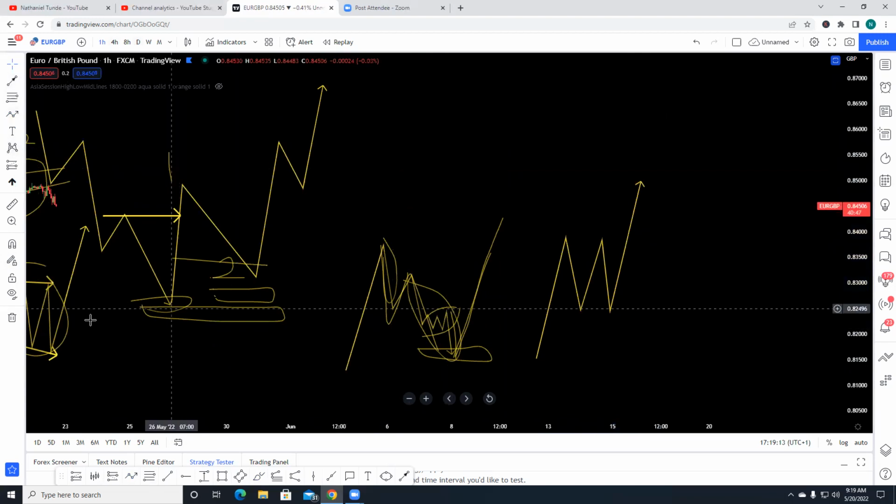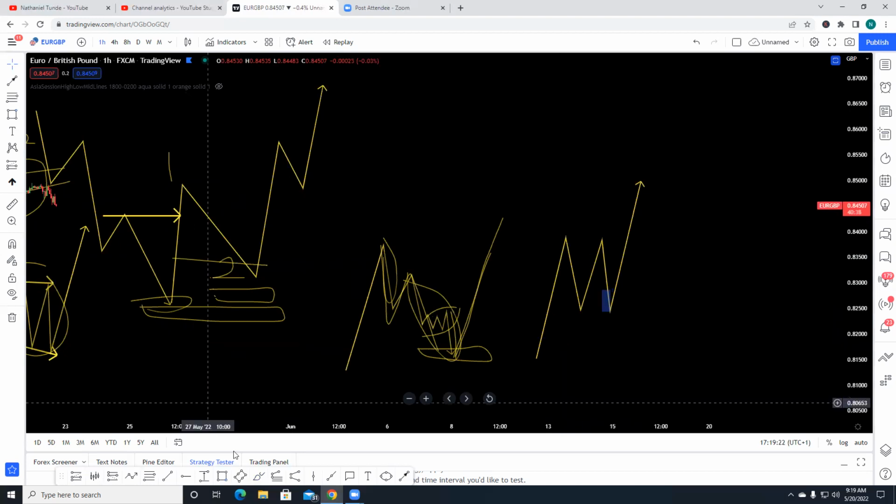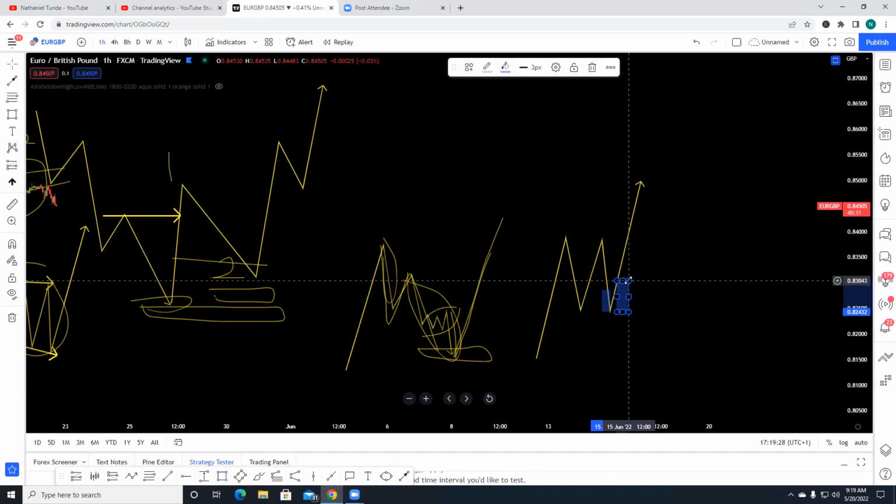Guys, you are going to see what is called an engulfing candlestick pattern here, right here. Read good, guys. This is the candle here. You are going to see another bullish candle here that totally engulfs this one to the upside.